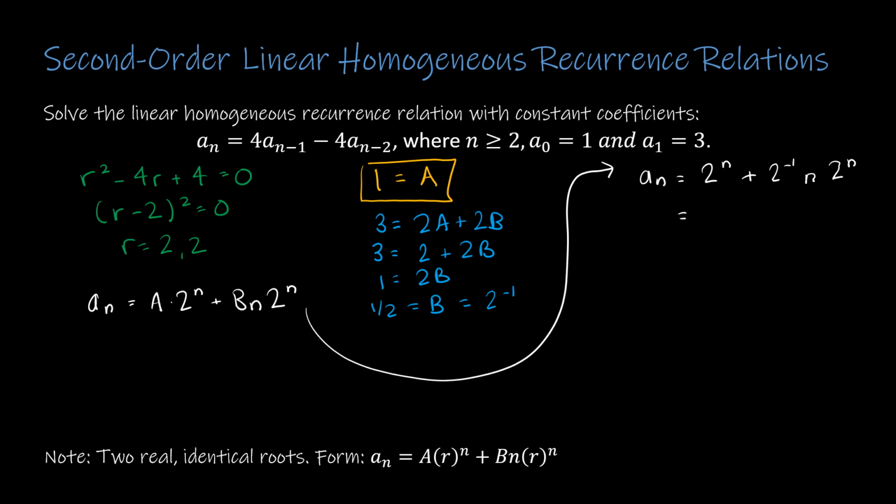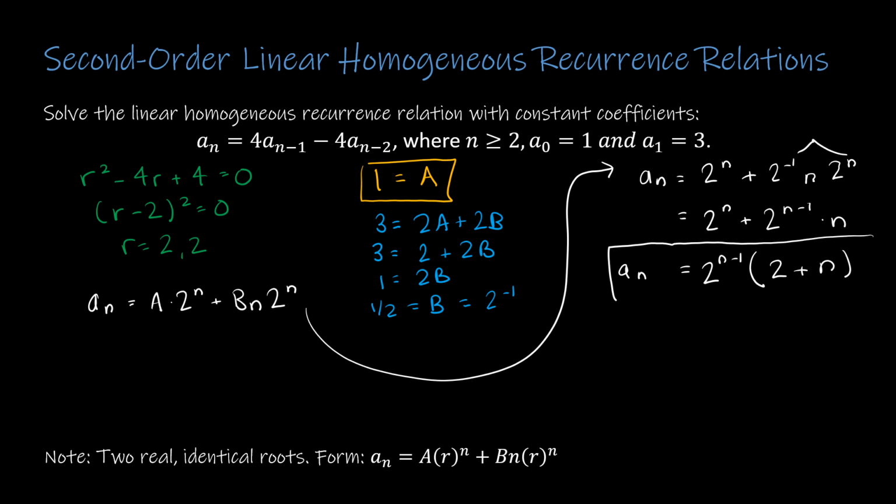Just as before, I'm going to combine those two together, so I have 2 to the n plus 2 to the n minus 1 times n. I'm going to factor out a 2 to the n minus 1, which gives me 2 plus n. So this is my final solution.